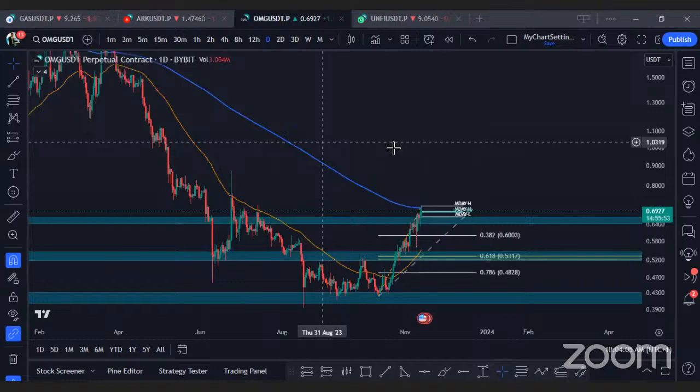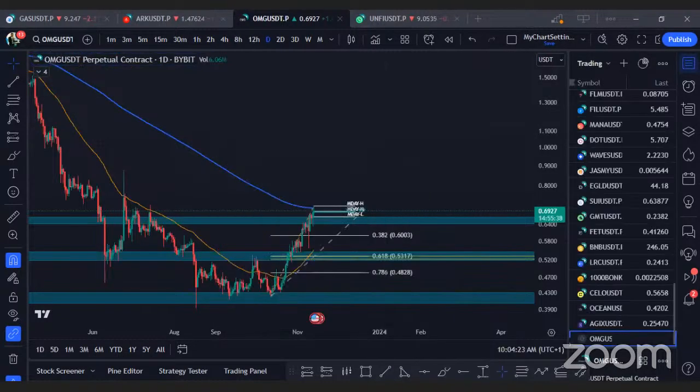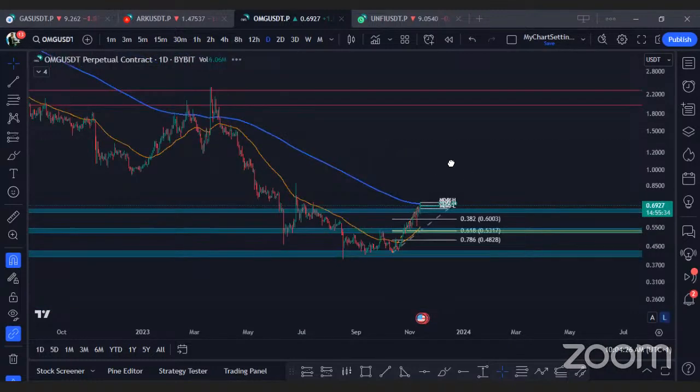So OMG seems somehow promising. Let's see, because if we do break 70 cents, I'm looking at that $1 level up there.